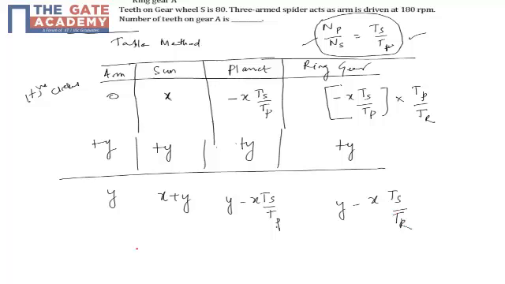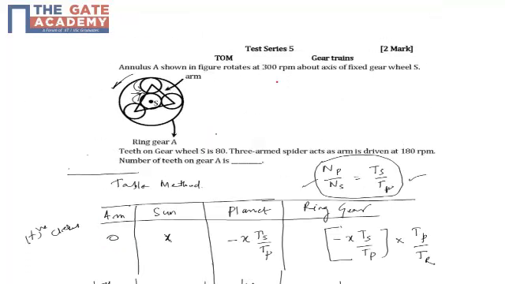Now let's look at what is given in the question. The ring gear has an RPM of 300, and let's write down here the ring gear, which is TR.